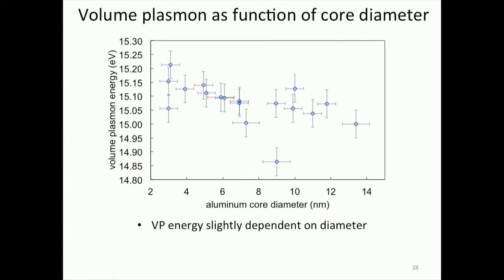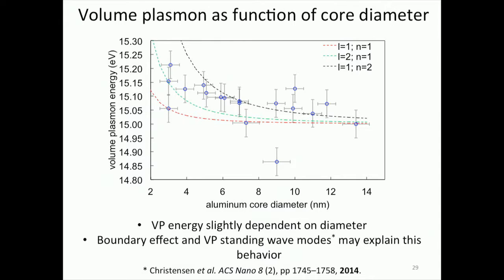To try to understand this data set, we performed a simulation based on this paper, where they study the non-local volume plasmon modes, and also the higher order volume plasmon modes in nanostructures.